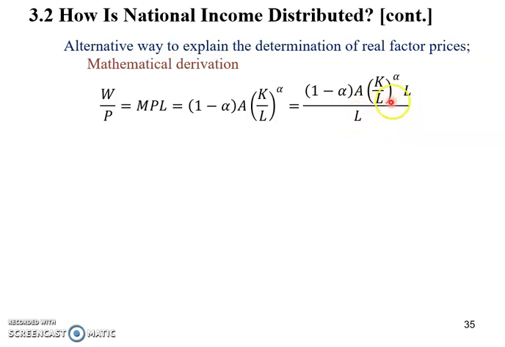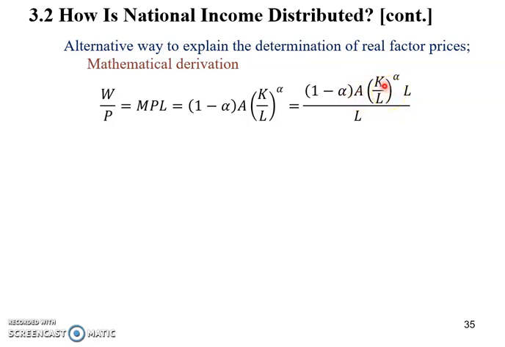We multiply this part by L and then divide it by L. As you can see, the L could be canceled out, so it goes back to this original part.